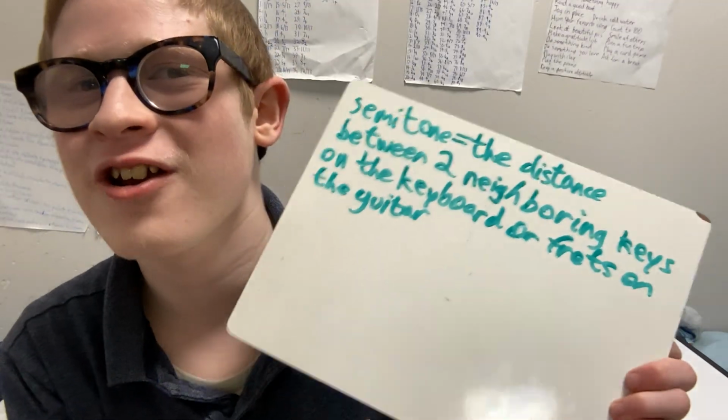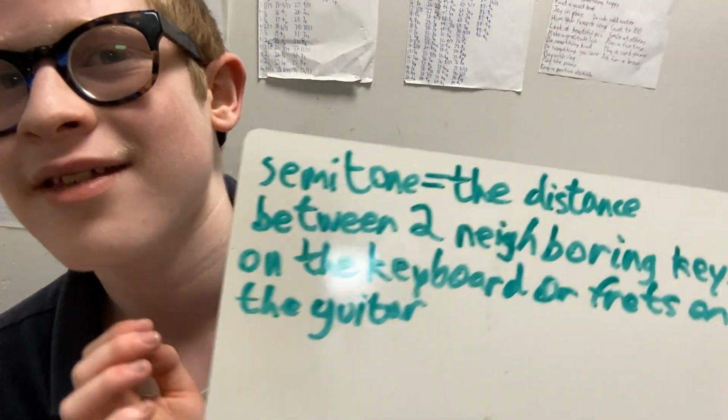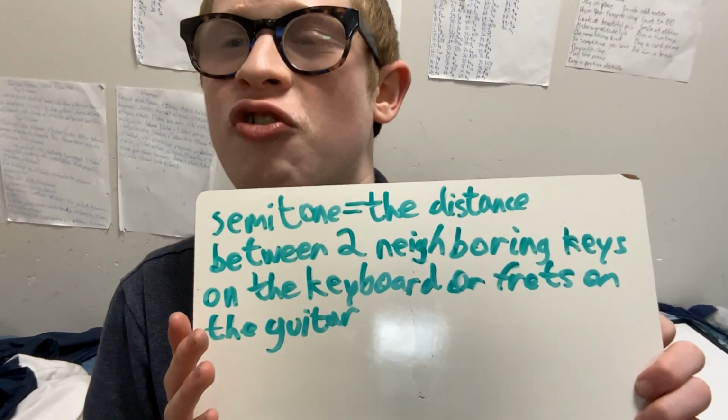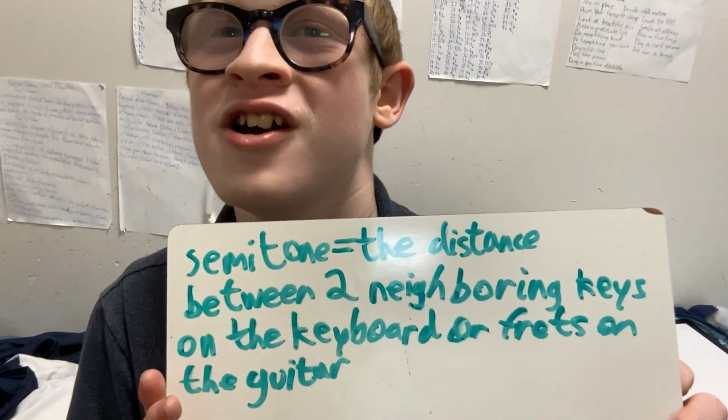So this is your first vocab word that you probably already know. So semitone is the distance between two neighboring keys on a keyboard or between two neighboring frets on a guitar.